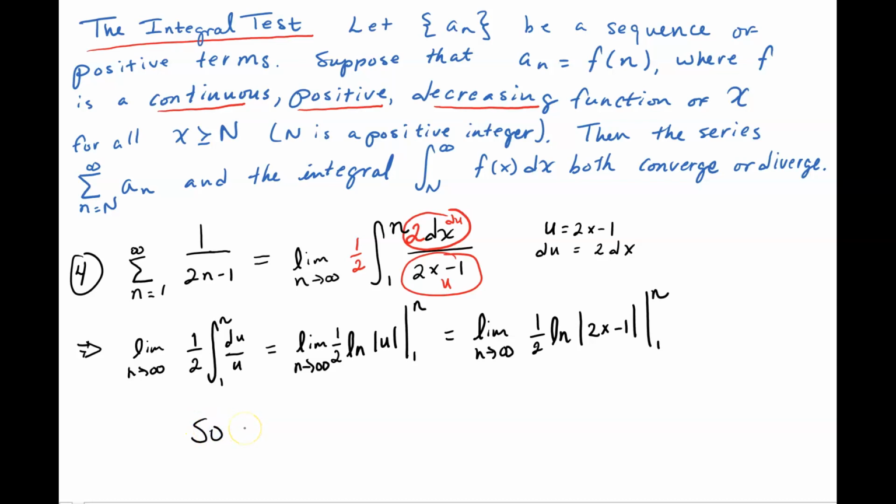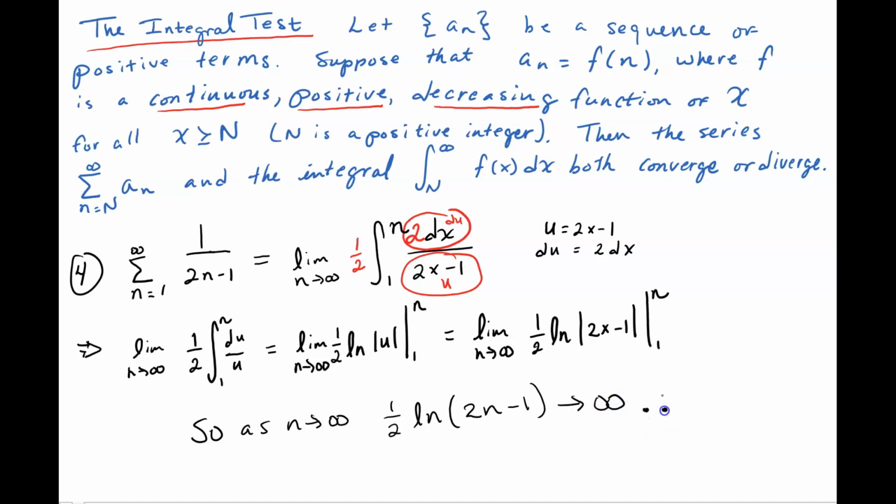What's happening here is that we're getting increasingly larger, so that means that the natural log is going to itself get increasingly larger. So as n goes to infinity, this 1/2 of the natural log of 2n minus 1 is going to be approaching infinity.